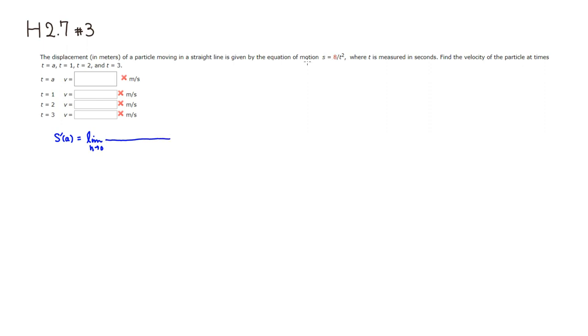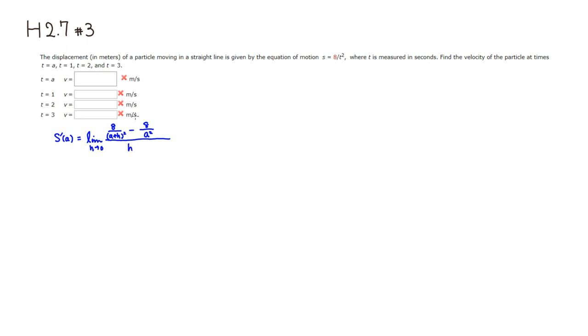Then we have, let's say, 8 over a plus h, squared, minus 8 over a squared, all over h.